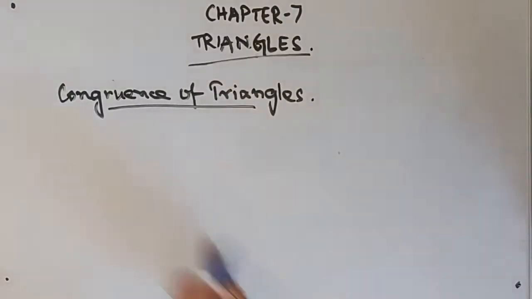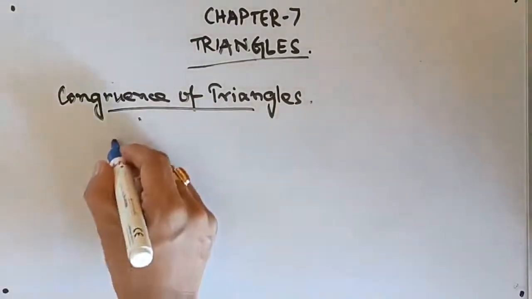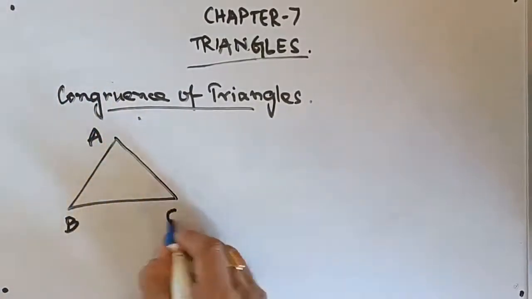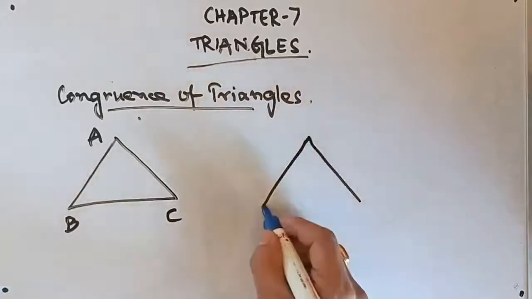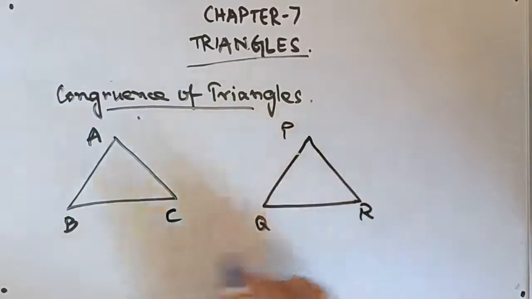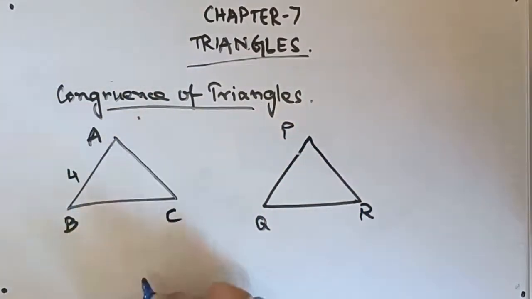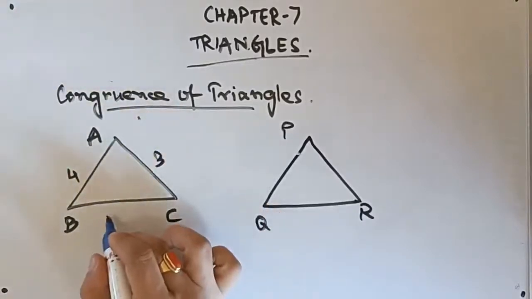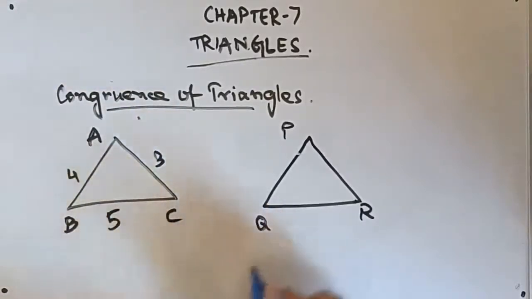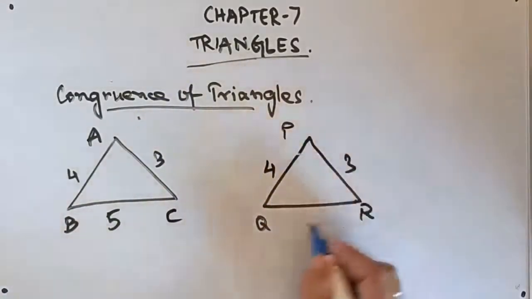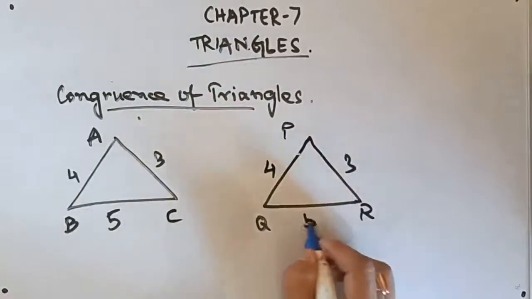So what does it mean by congruence of triangles? Let us take two triangles, triangle ABC and triangle PQR. AB is of length 4 cm, AC is of length 3 cm, and BC is of length 5 cm. Likewise, PQ is 4 cm, PR is 3 cm, and QR is 5 cm.